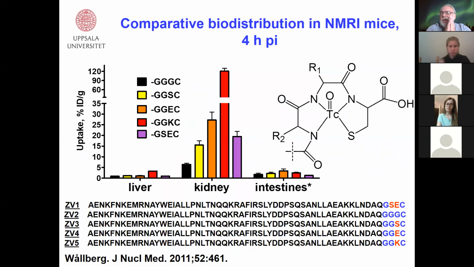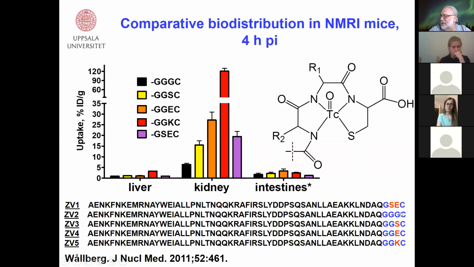So our idea was to see if we can further improve the biodistribution using different amino acids. So what we made, we created a small library. This is 5 members of it.